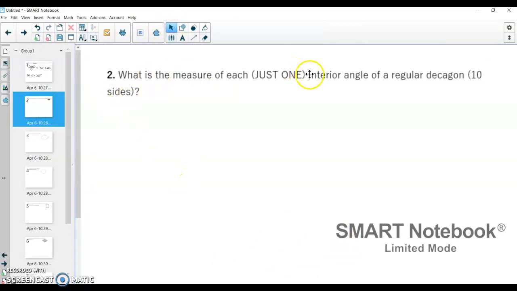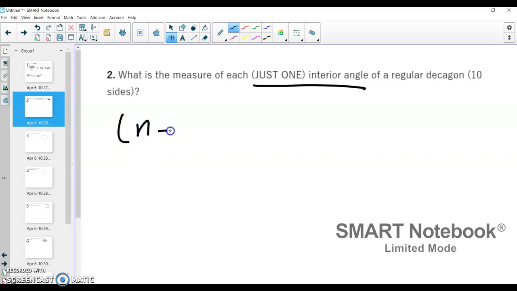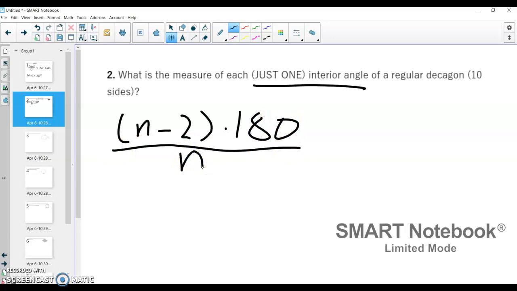What is the measure of just one interior angle of a regular decagon? A decagon is a 10-sided shape, and we're looking for just one interior angle, okay? The equation we use for just one interior angle is n minus 2 times 180 divided by n, where n is the number of sides.